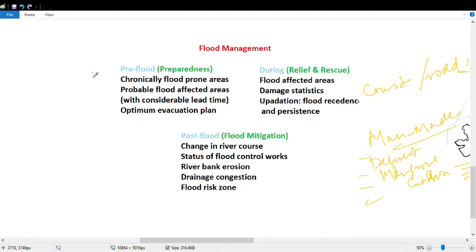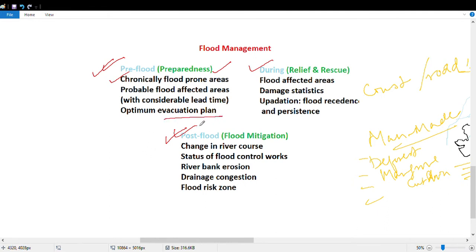Three phases are followed: pre-flood phase, then during, and then post-flood phase. In the pre-flood phase, preparedness is done. Flood-prone areas, or the probable flood areas with considerable lead time, are taken up.